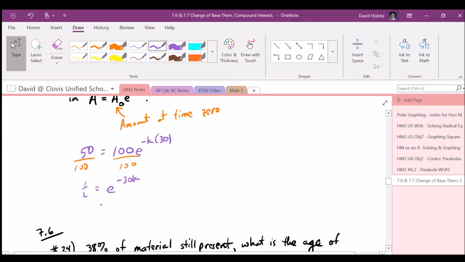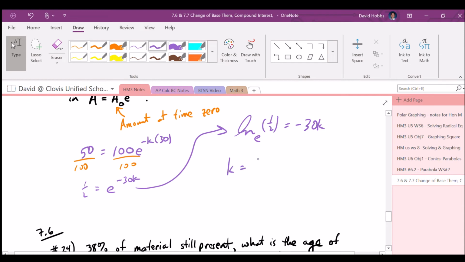And we look and we go, okay, the unknown is up in the exponent, and I'm not going to write 1/2 as a power of E, so we need logs. The base is going to be E, so it's going to be natural log, but I'm going to go ahead and write E right now. On the other side, I've got negative 30K, so that I can use the definitional logarithm: E to the negative 30K equals 1/2. Okay, what's the only thing left? We divide by negative 30.